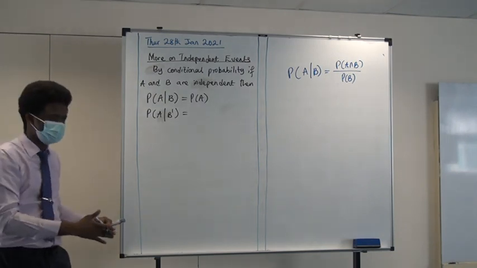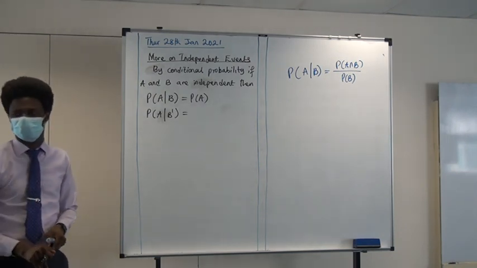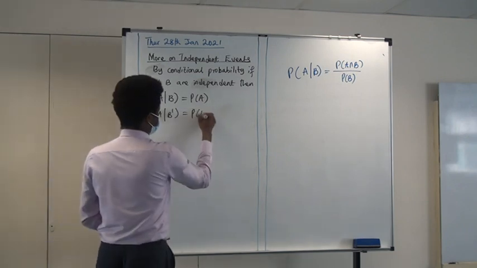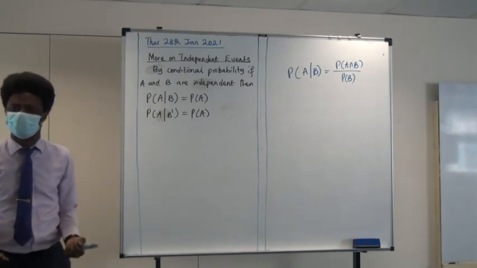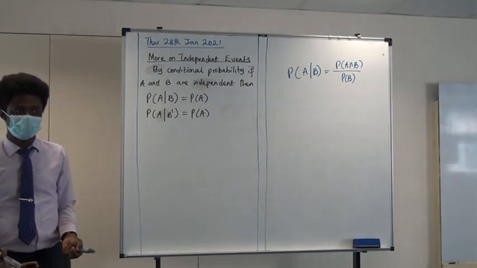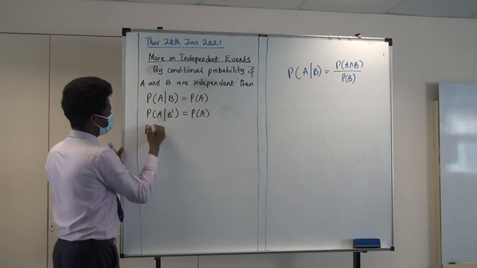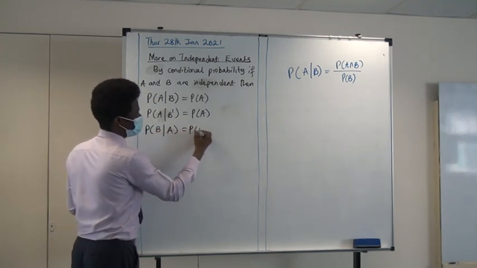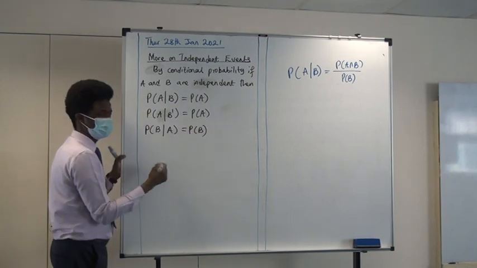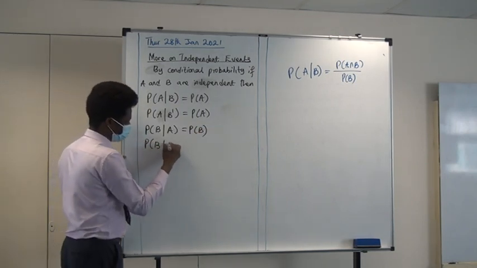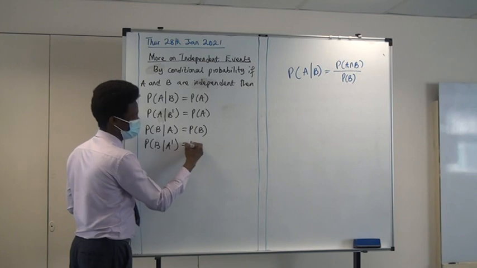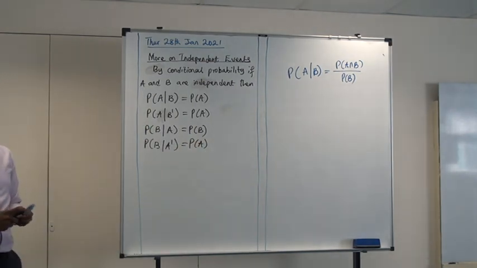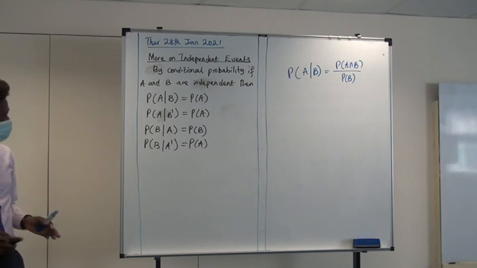What's the probability of A given that B does not occur? Still probability of A. That's the whole purpose of independent. Similarly, probability of B occurring given A will be probability of B. And probability of B given that A has not occurred is probability of B.